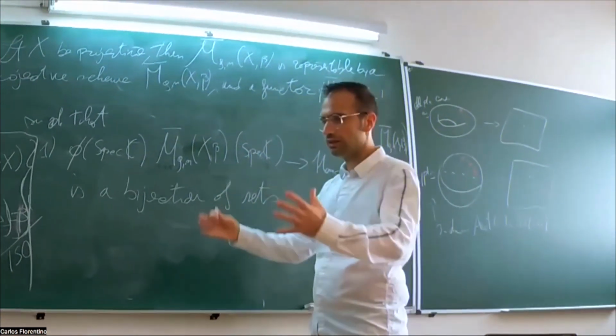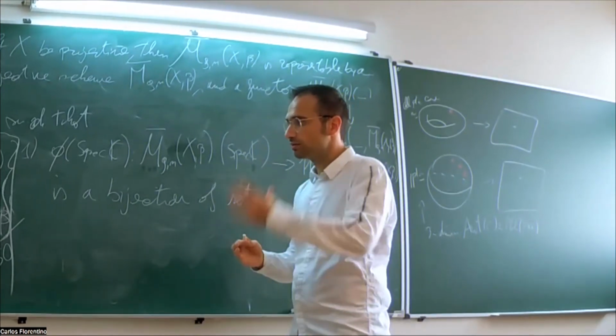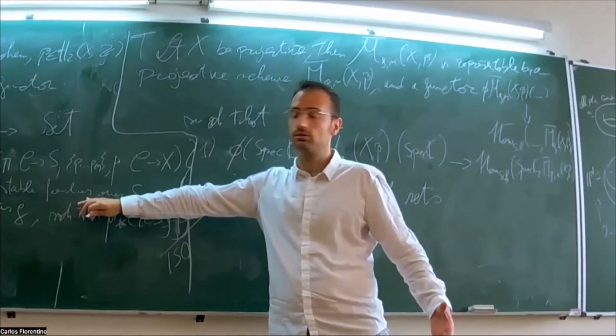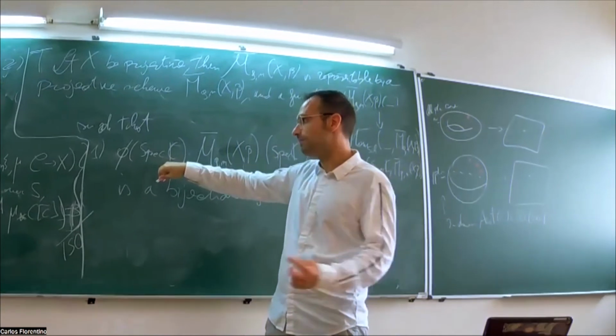So we have a scheme that parameterizes all stable maps, not in families, unfortunately, but at least over Spec C.